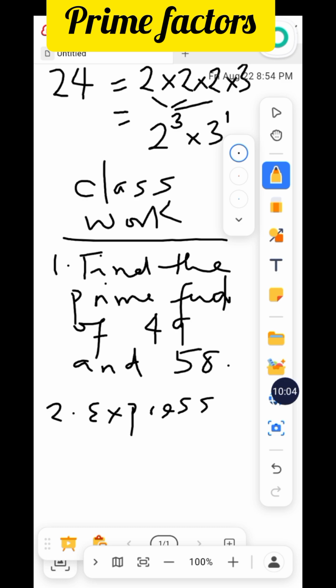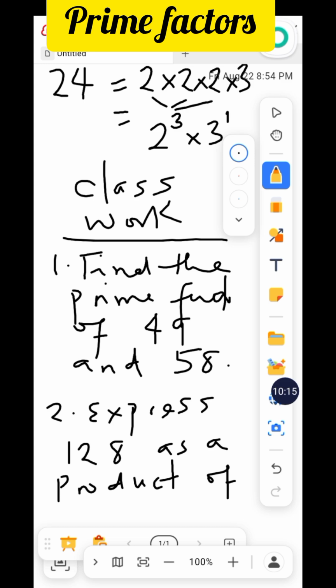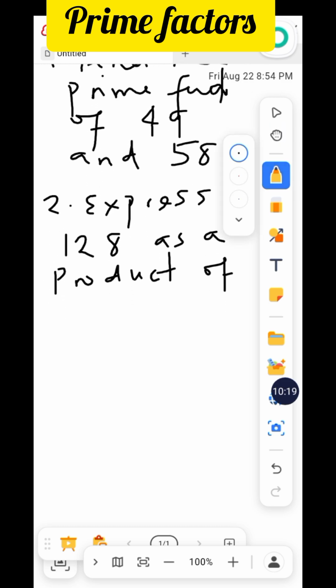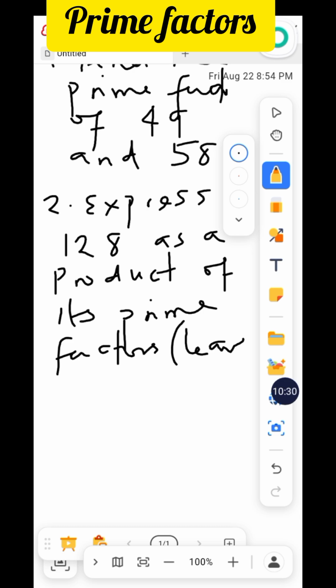Then the next one, number 2: express 128 as a product of its prime factors, leaving your answer in index form.